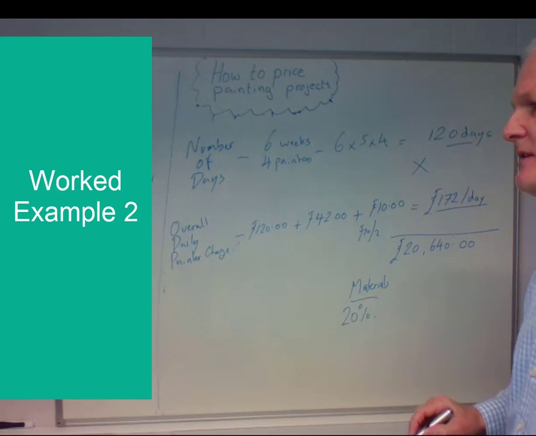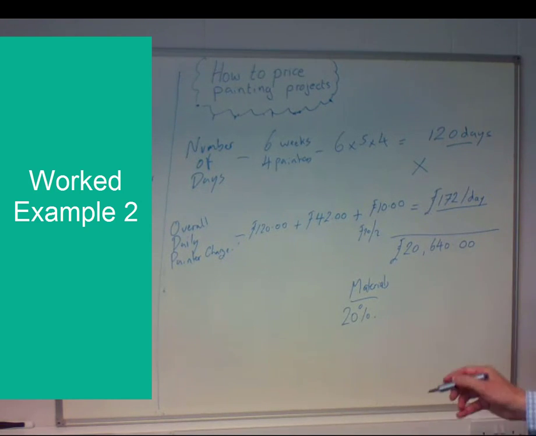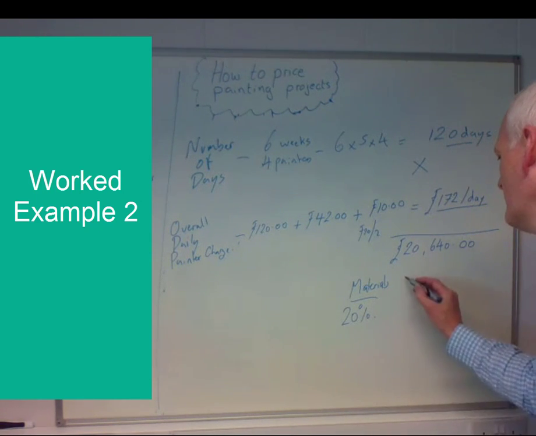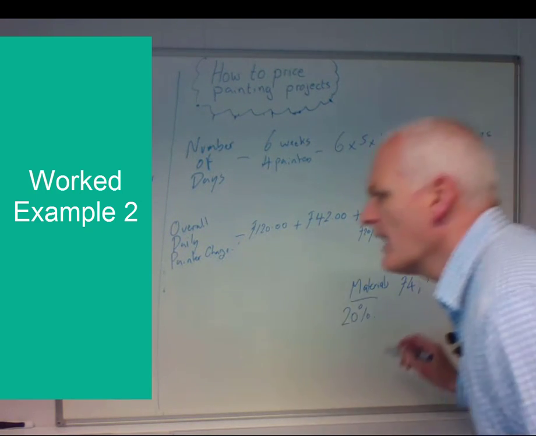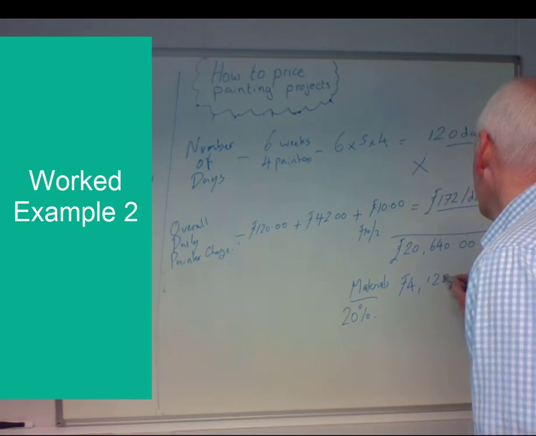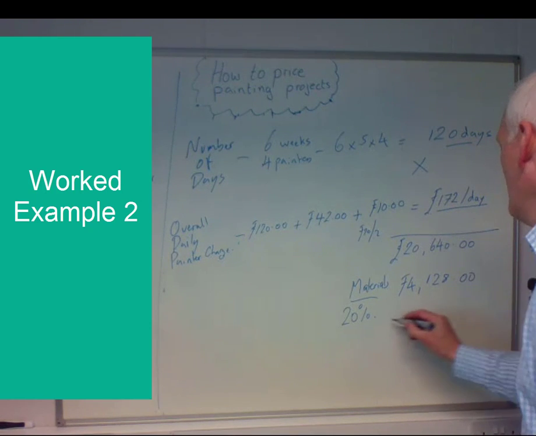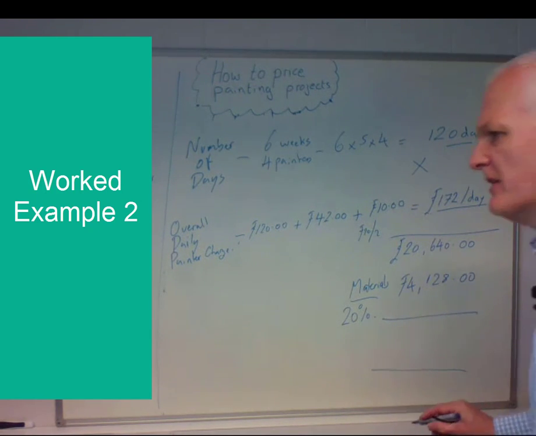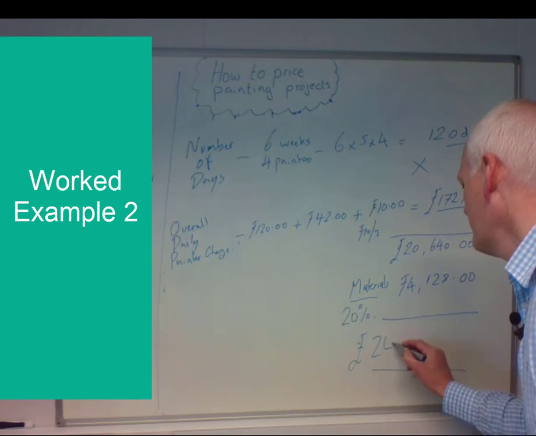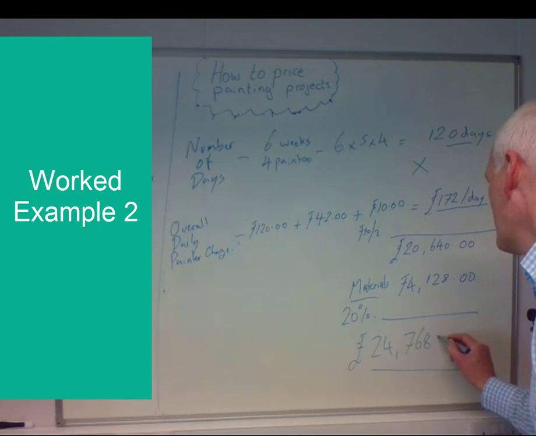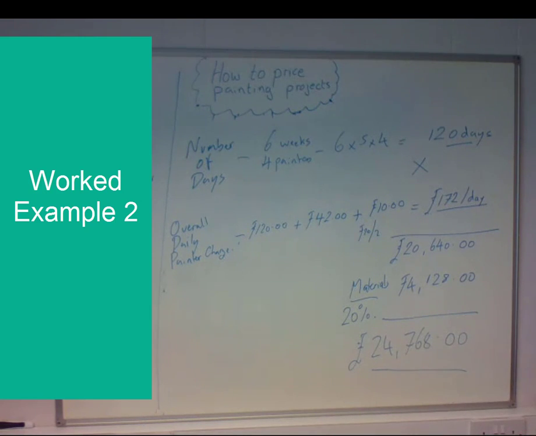I'm going to do it at 20%. Now, 20% of 20,640 gives me 4,128, which means for this particular project, I would have an overall contract value of £24,768. And that's what I would use as my tender submission.